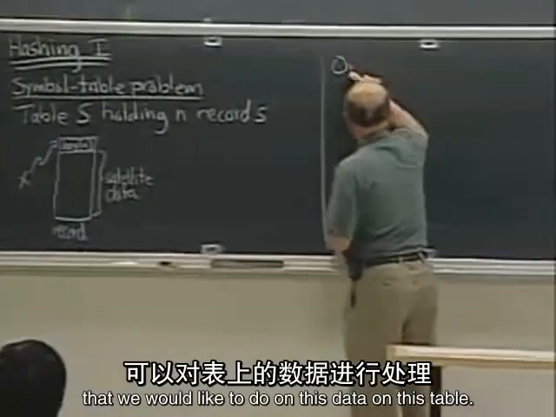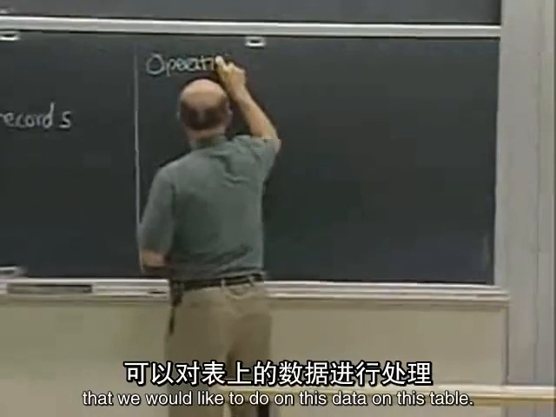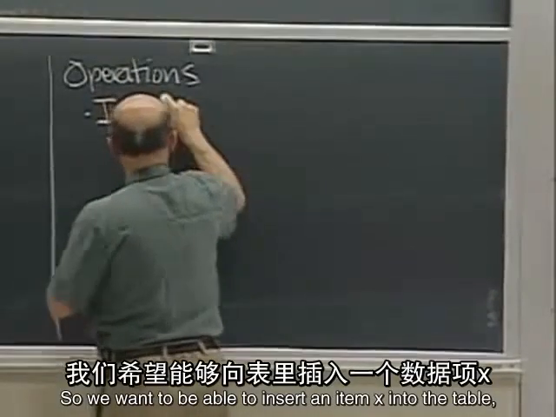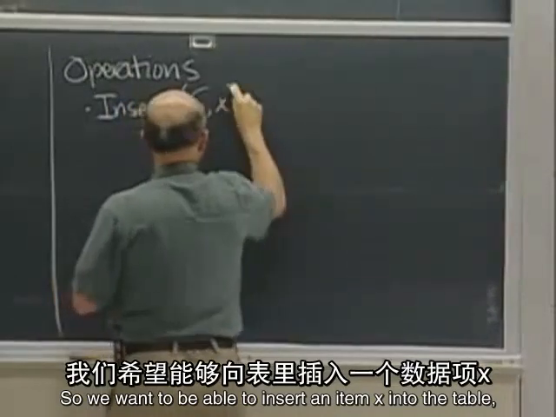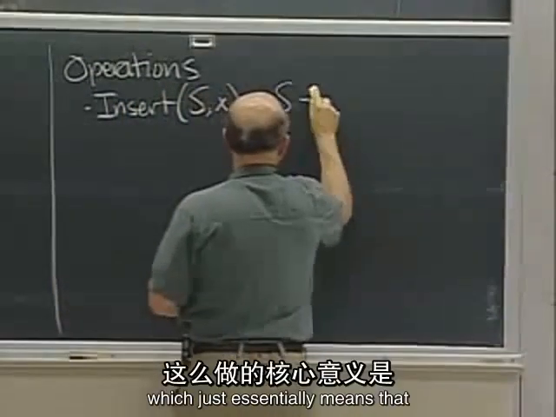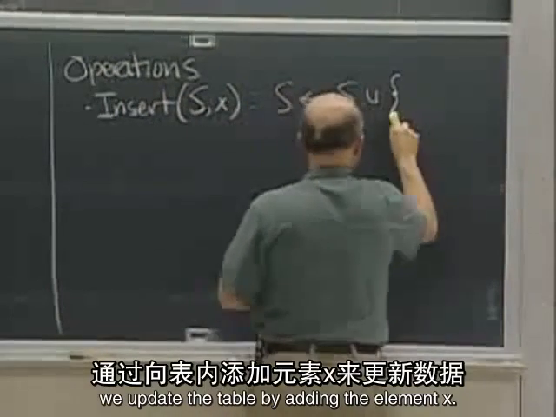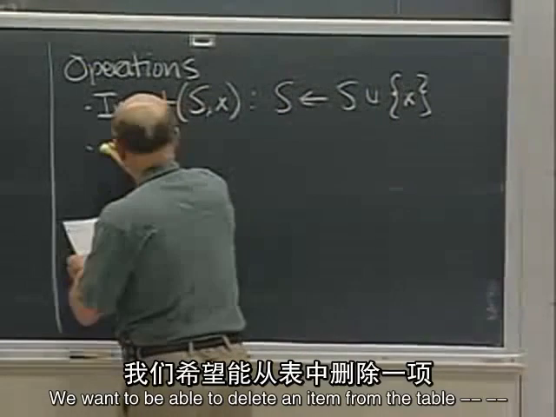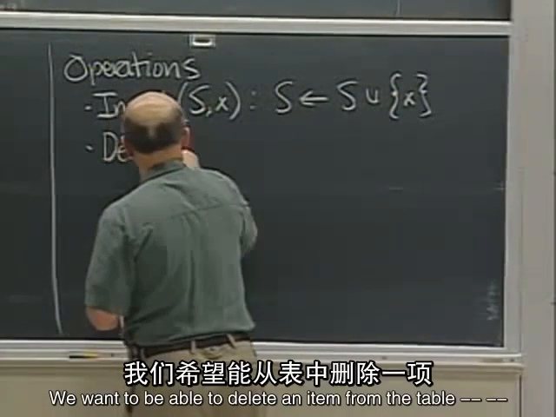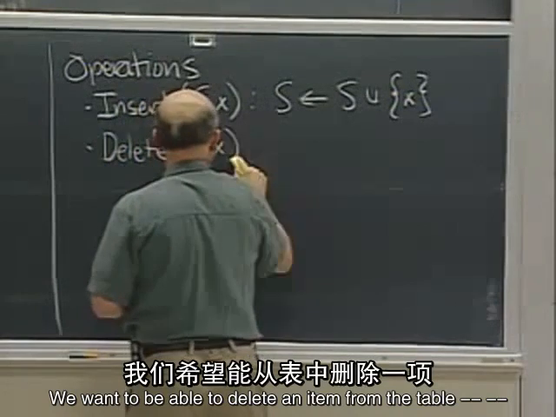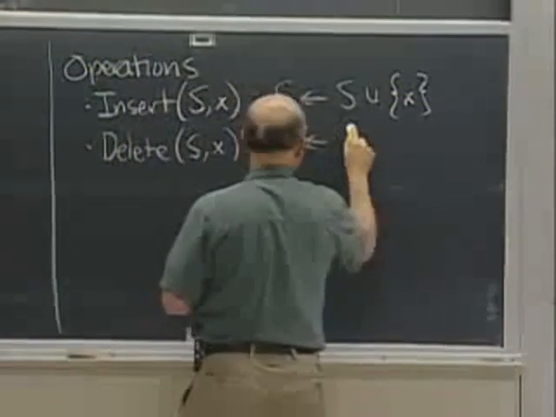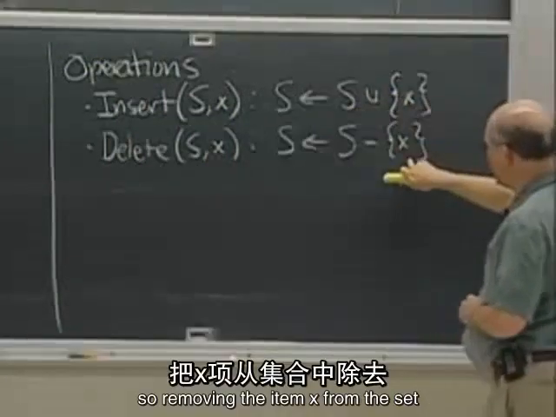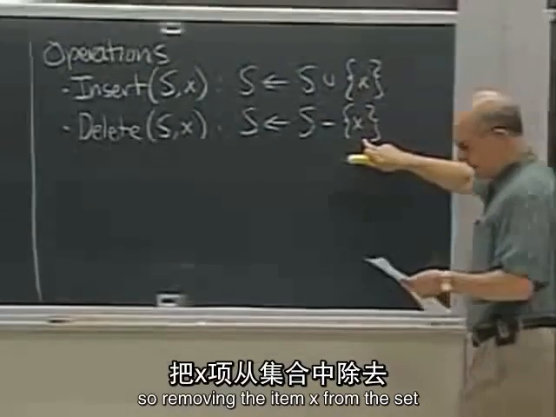And so the idea is that we have a bunch of operations that we would like to do on this table. So we want to be able to insert an item X into the table, which just essentially means that we update the table by adding the element X. We want to be able to delete an item from the table, so removing the item X from the set.